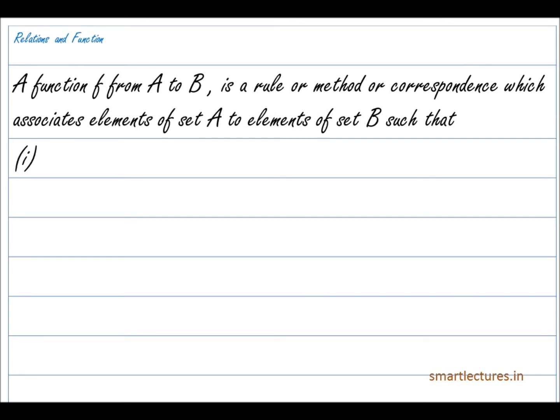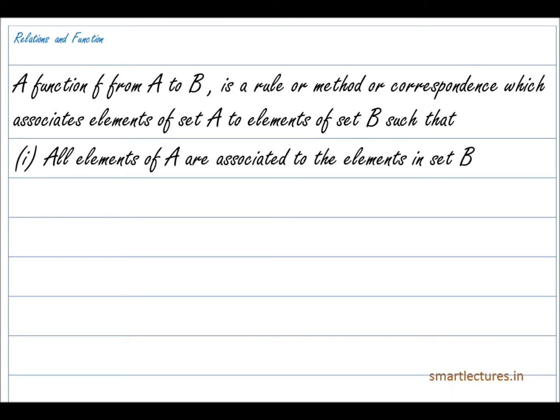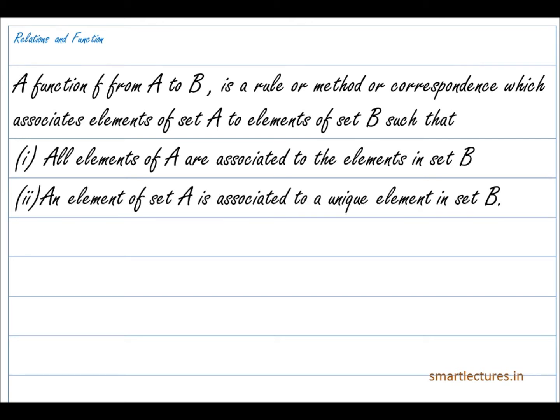First, all elements of set A are associated to elements in set B. And second, an element of set A is associated to a unique element in set B. Or we can say a function f from a set A to a set B associates each element of set A to a unique element of set B.